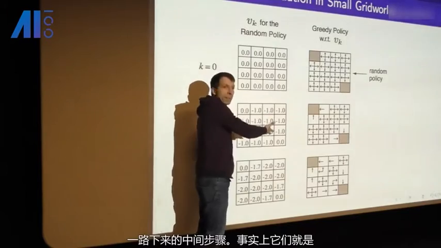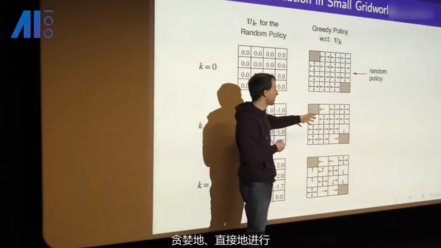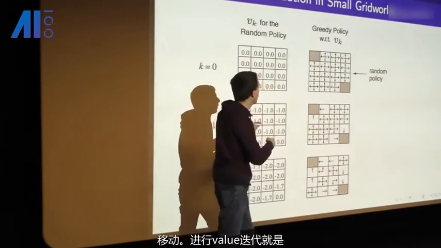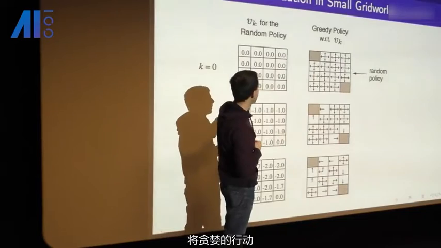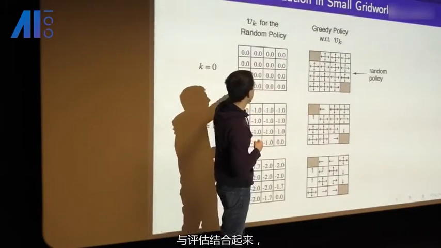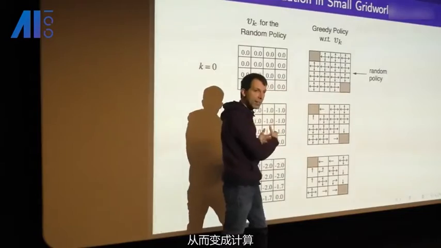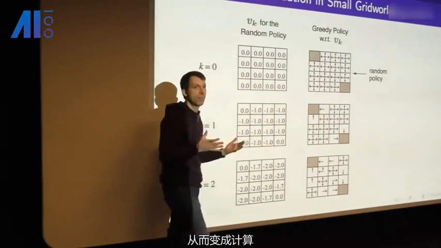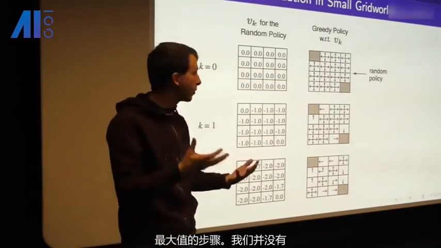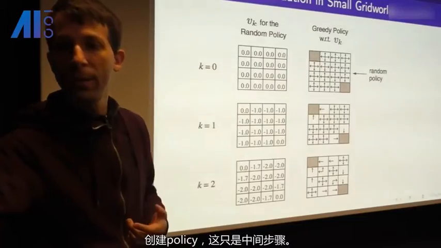It's just some numbers, really. But we're acting greedily with respect to that and moving on straight away. What value iteration does is it combines the step of generating this greedy thing and evaluating it into a single step of computing the max. So it doesn't build the policy as an intermediate step.